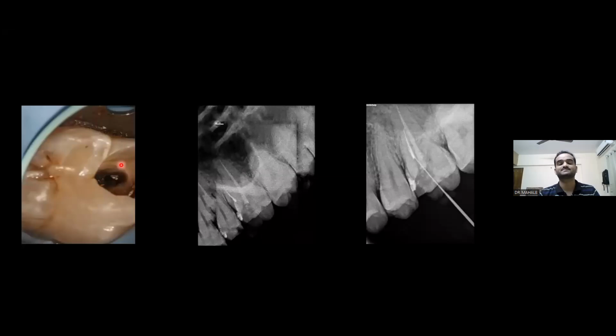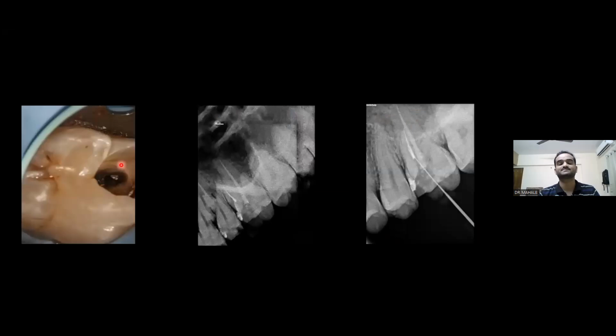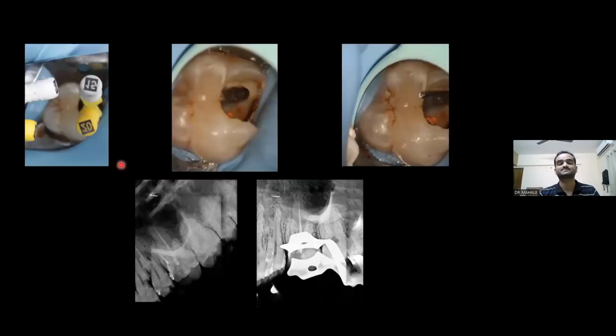Once you free the file head from the outer curvature, I used a 15 K file and bypassed it in the outer curvature, and then I went in with a 20 number K file in the inner curvature to engage the fractured fragment tightly. So once the fractured fragment is engaged tightly, I pulled the whole assembly out in slight clockwise and anti-clockwise motion, and the file is out.